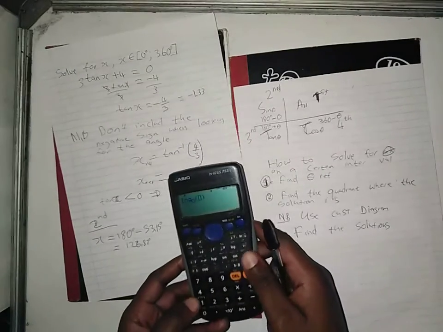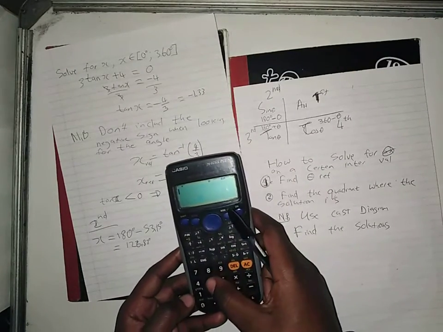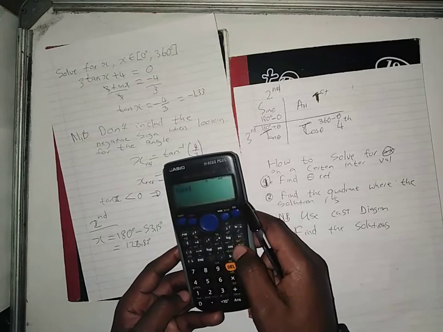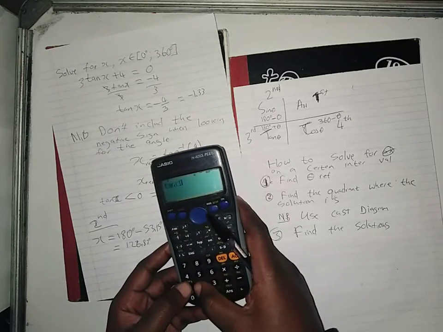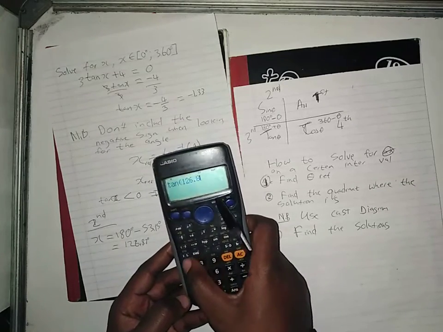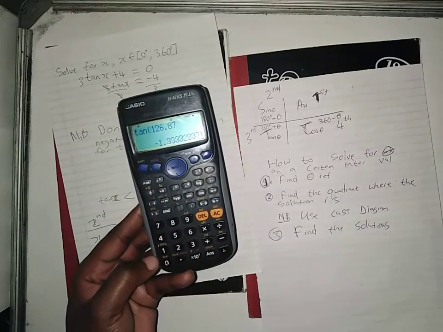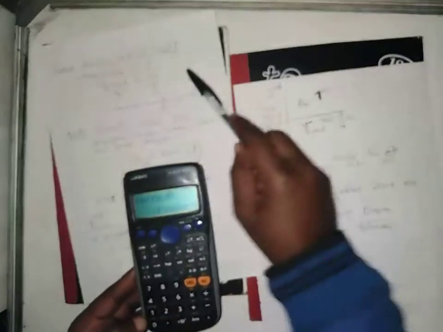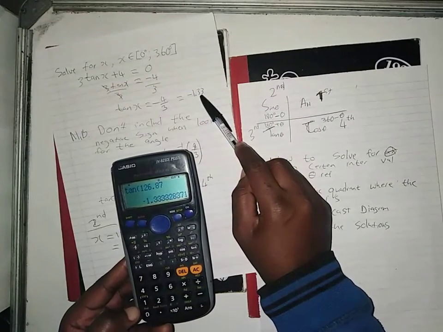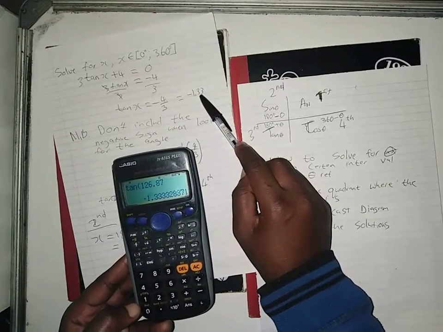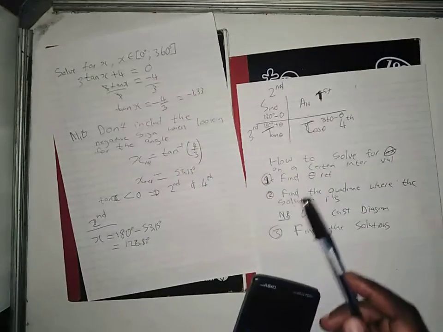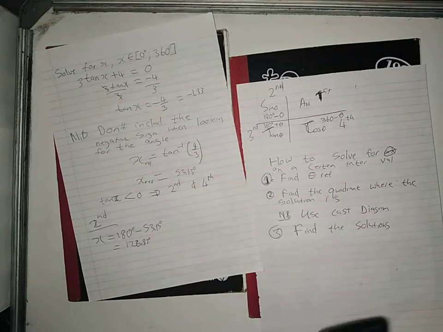So let's see, tan of 126.87. What do you get? Aha, can you see? It's minus 1.33, which is exactly this one. Does it make sense? So the solution is correct.